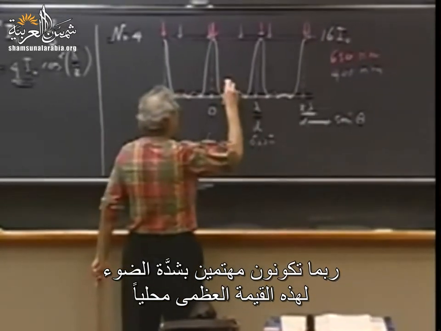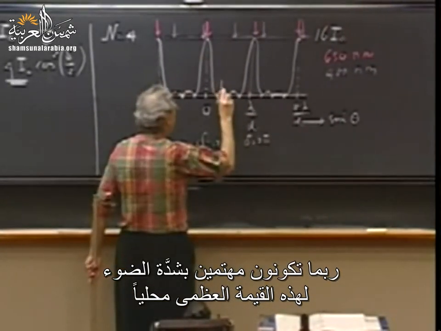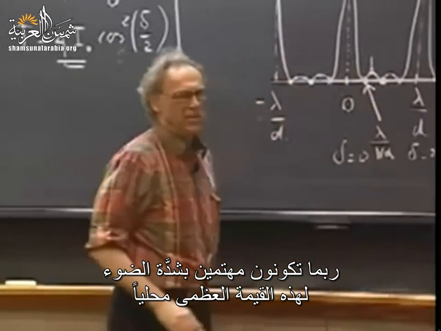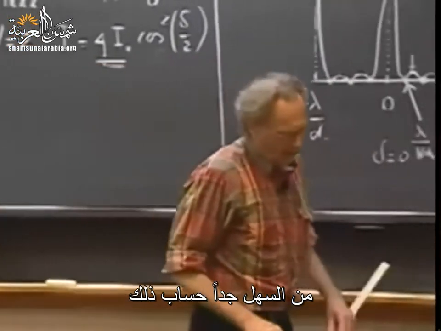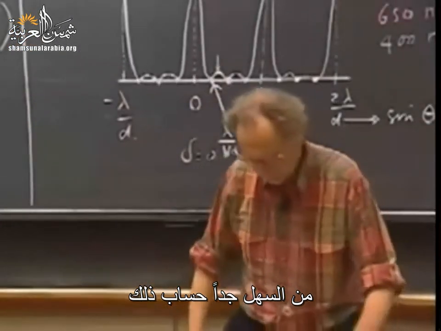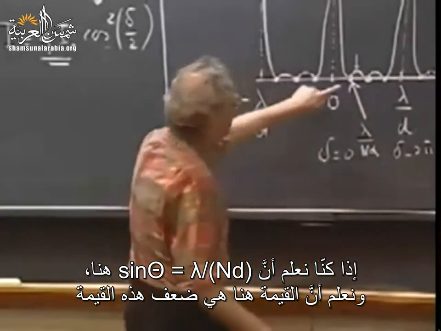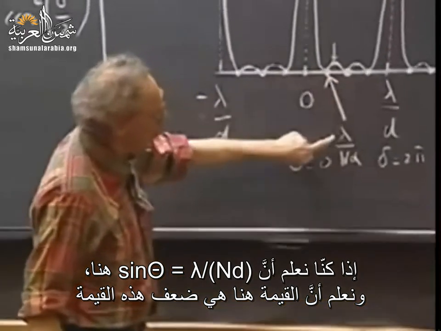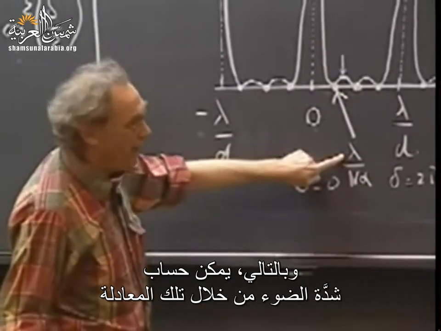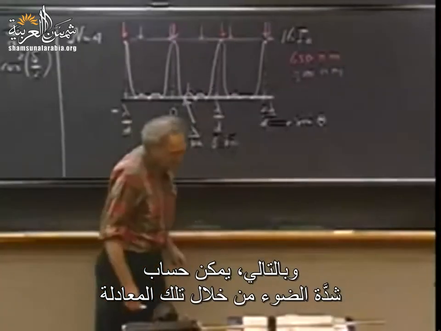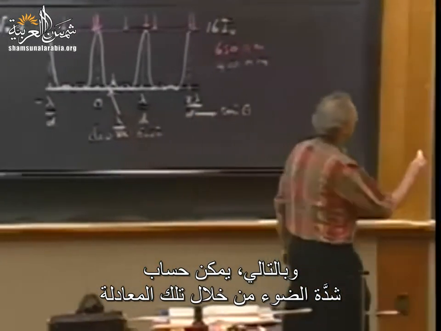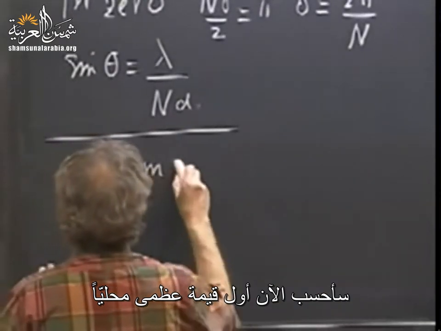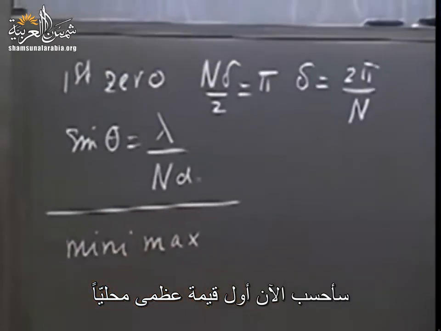You may be interested in what the light intensity is of this little mini-maxima. Well, that is very easy to calculate. If we know that the sine of theta here is lambda divided by nd, and we know that here it is twice that much, then all I have to ask that equation is, what is your light intensity at the first mini-maximum right here?